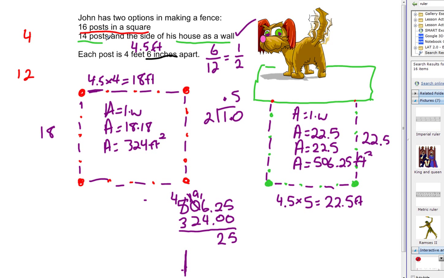I can't believe I just did that. That's so wrong. Wait, no, don't be mad at me. 6 minus 4 is 2. Why am I borrowing? That's not smart. Now I can borrow a little bit. So 10 minus 2 is 8. 4 minus 3 is 1. So it's about 182.5 square feet bigger.